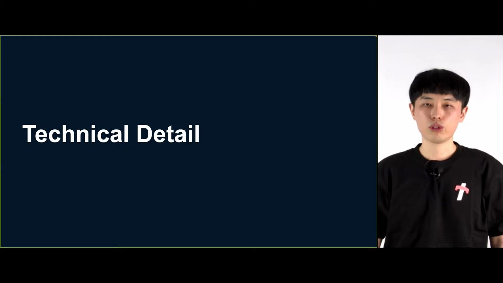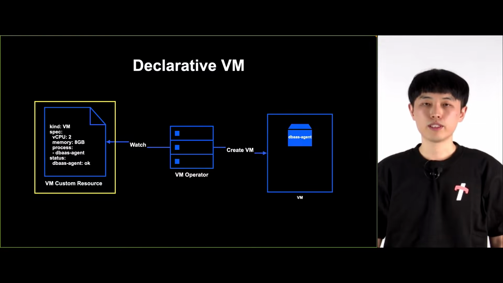I talked about the definition of declarative system and why we created a declarative system for the DBaaS. And now I'd like to talk about the technical details and considerations that went into making the declarative system. In order to make a declarative DBaaS system, what we did first was to manage the VM in a declarative way.